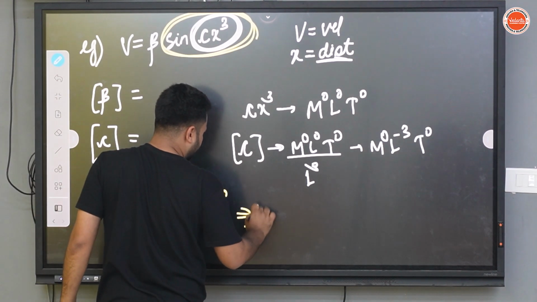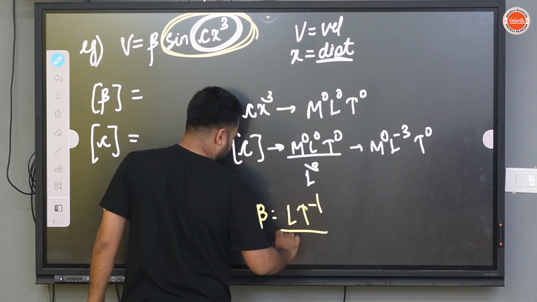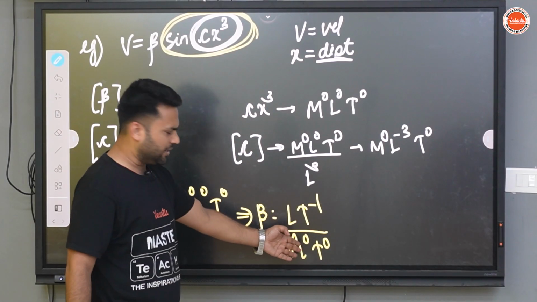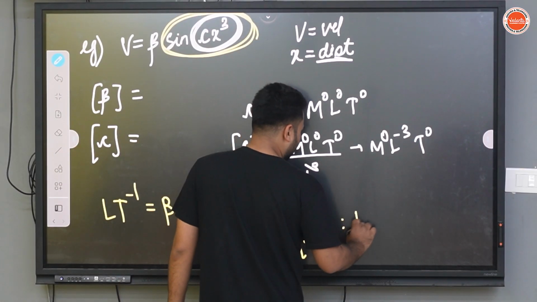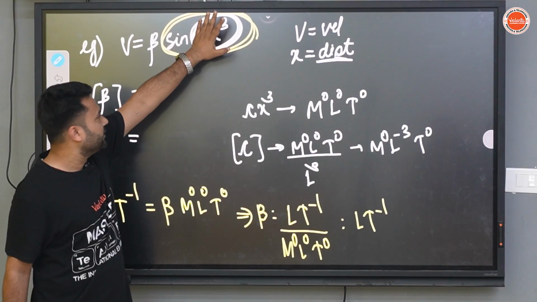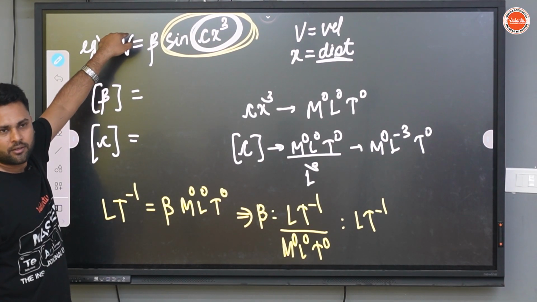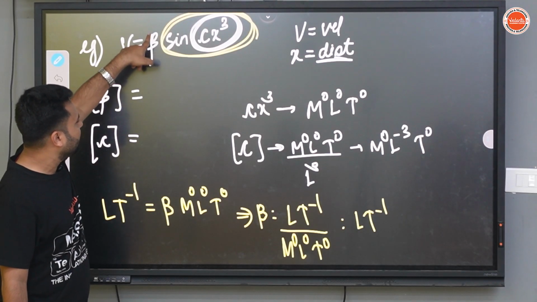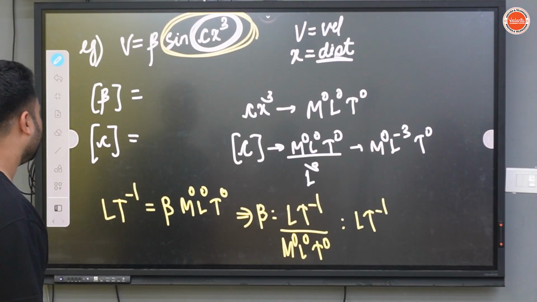We can write beta equals LT minus 1 over M0, L0, T0. So this is nothing. M0, L0, T0 means 1. So this is LT minus 1. And this complete term has no dimension, and this is velocity, meter per second. So meter per second means L T to the power minus 1. Both sides have to be equated, na? L T minus 1.